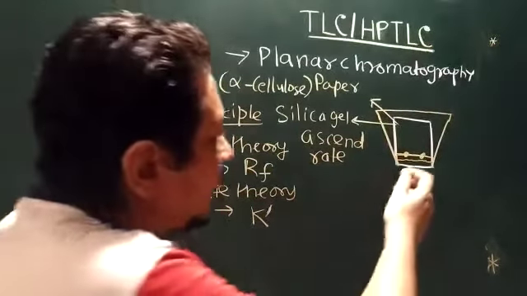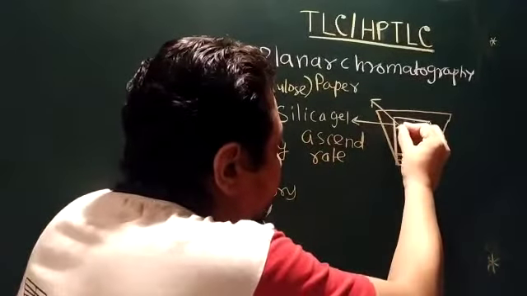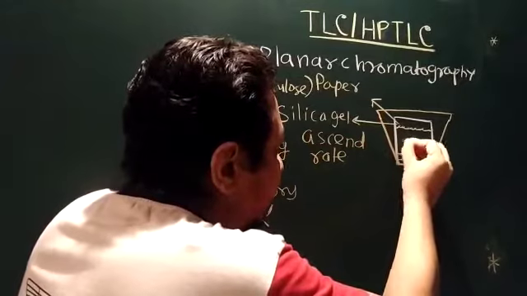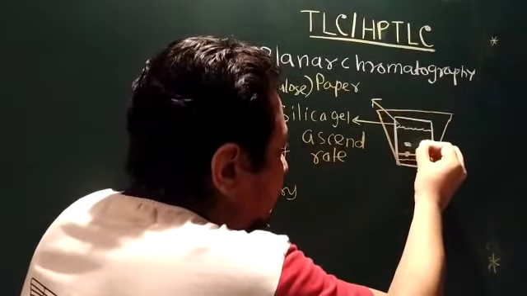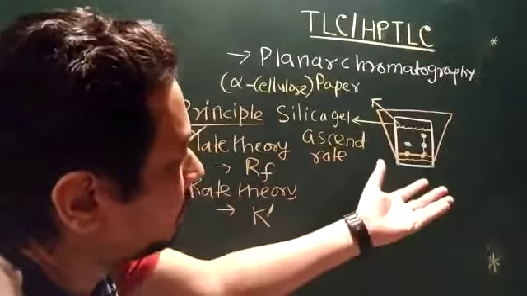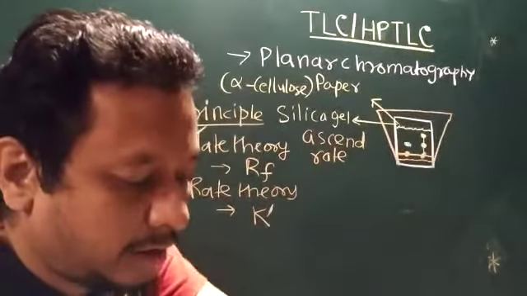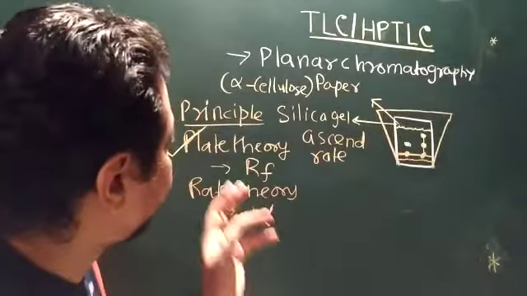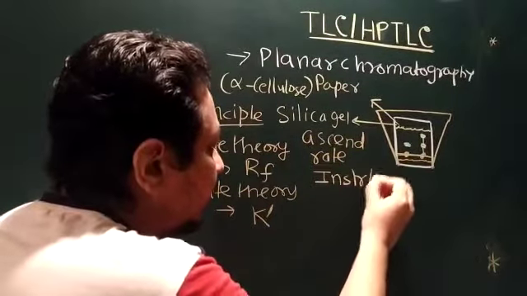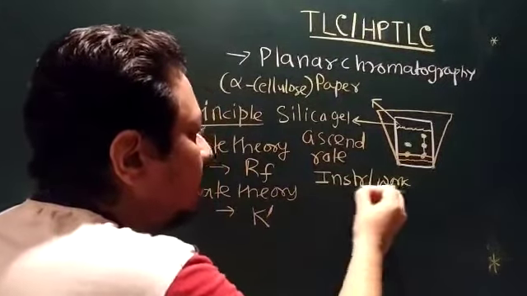So normally if the mobile phase developed up to this and the spot may be separated, this is pure spot and this is like mixture of A and B. So this is developed in the TLC.